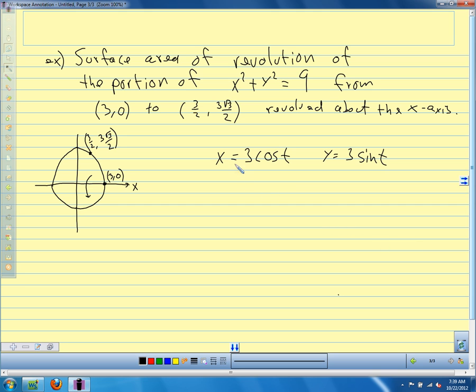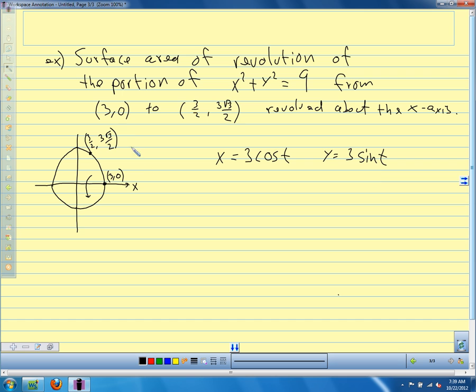So if we square x and square y, x squared plus y squared, we end up with 9. And we have our x associated with cosine, so that when t equals 0, we're out here at (3, 0). So that's going to be our parametric equations for our circle. And we will become very familiar with this type of parametric equation.